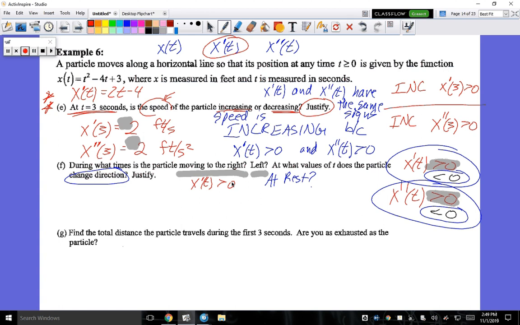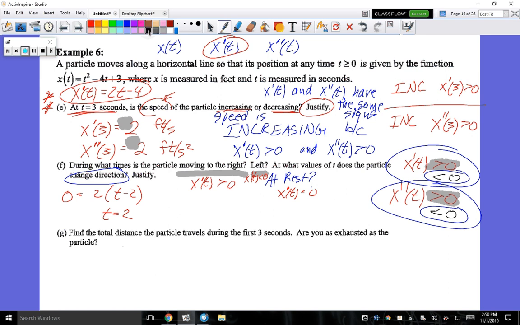If it's moving to the left, it's whenever the derivative is negative. And at rest, obviously, it's going to be when the derivative is what? Equal to 0. So here we go. I know that this is my derivative function, and if I set it equal to 0 and GCF out the 2, I can see that my zero of this function is at time equal to 2.